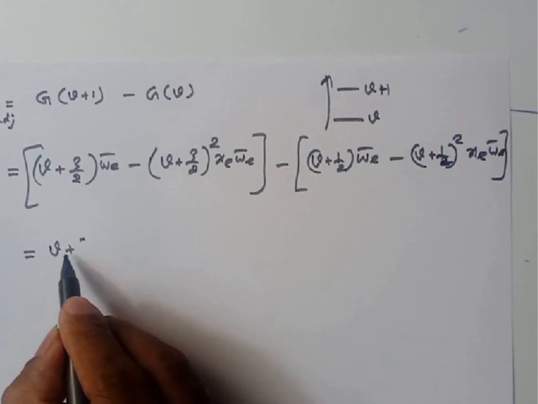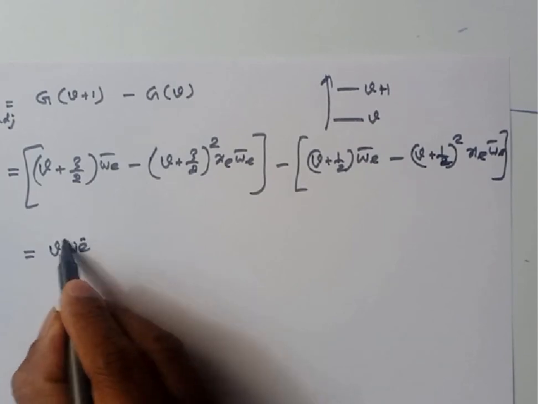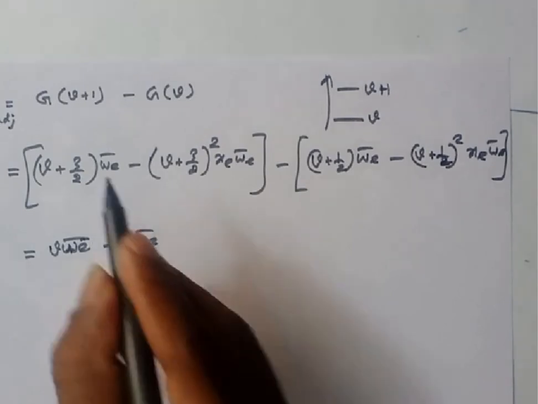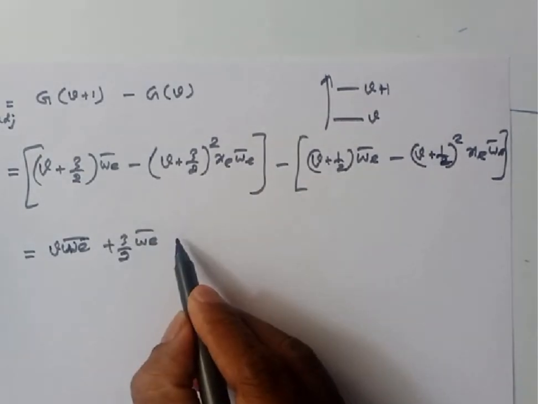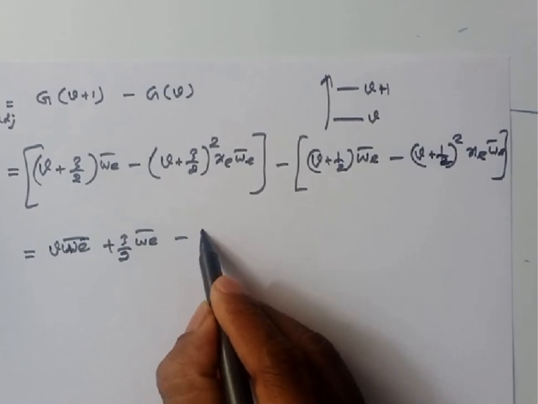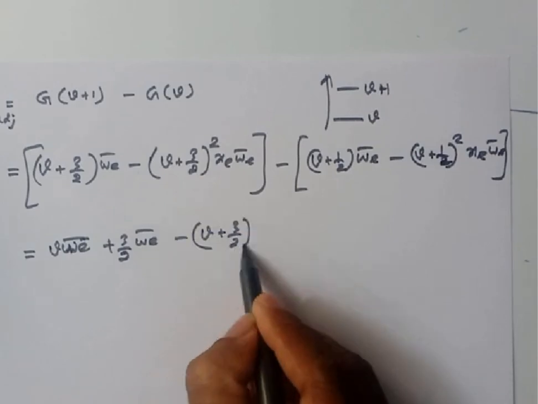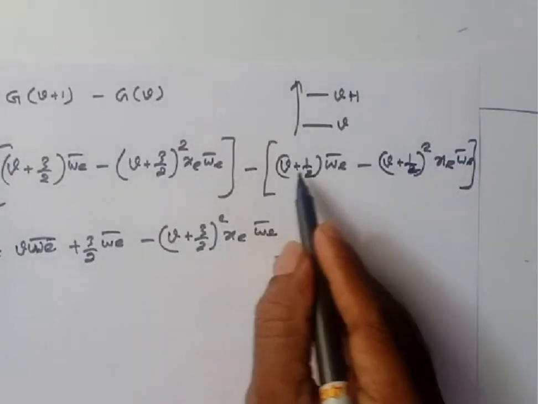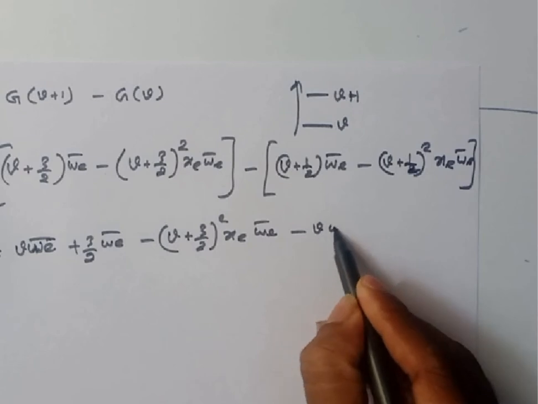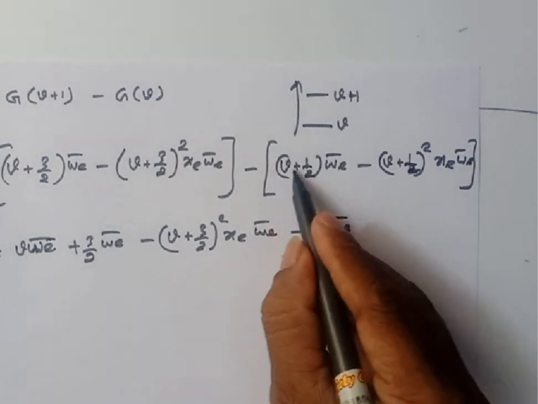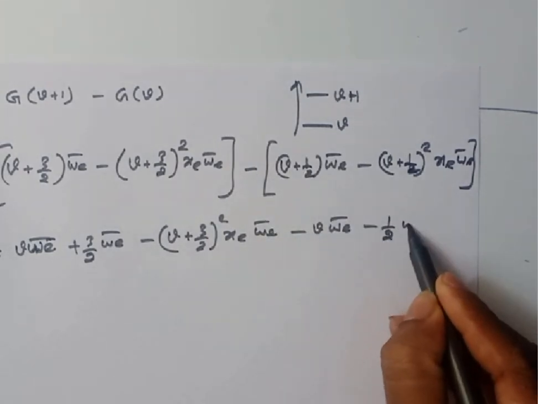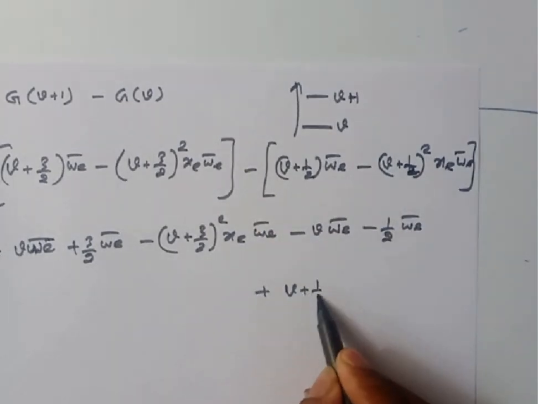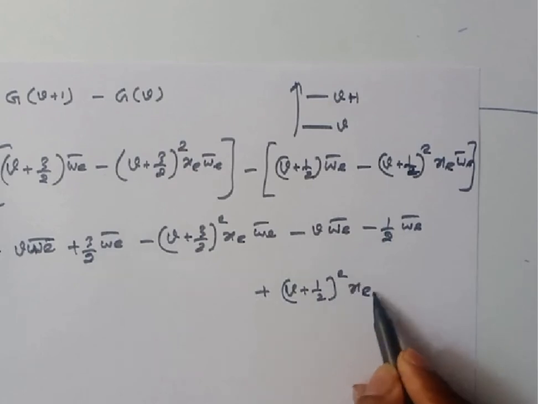So we get v omega_e bar plus 3/2 omega_e bar, and here minus (v plus 3/2) whole square xe omega_e bar. You multiply the second bracket by minus, so you get minus v omega_e bar, minus of plus 1/2 omega_e bar, and here minus of minus becomes plus (v plus 1/2) whole square xe omega_e bar.